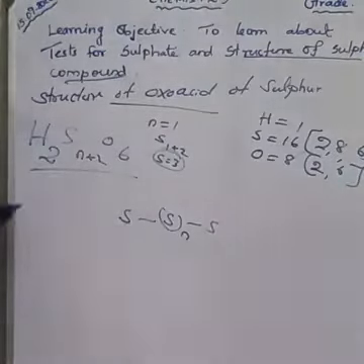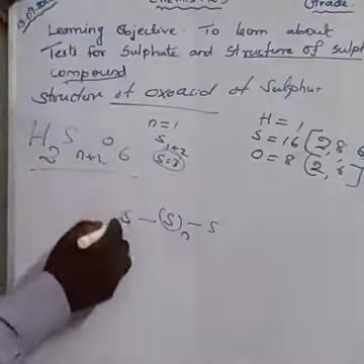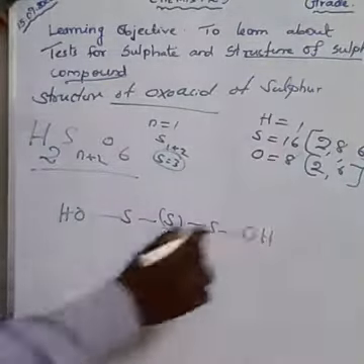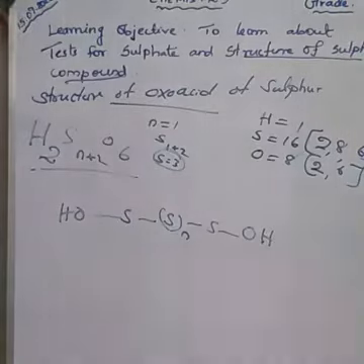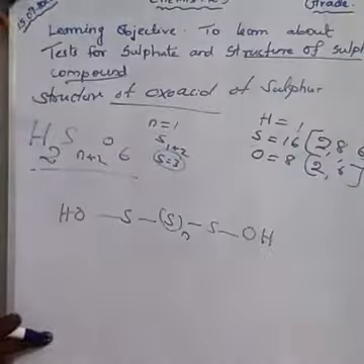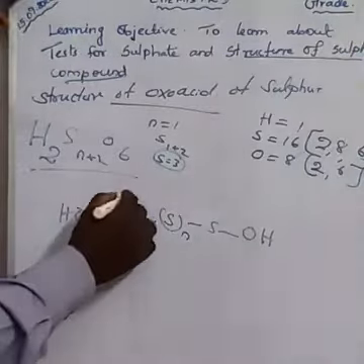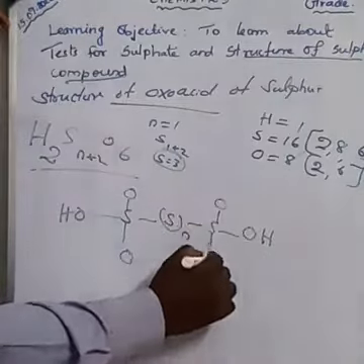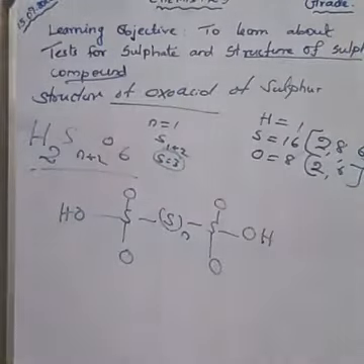Then how much hydrogen? 2 hydrogen. The oxygen, OH, OH. Then how much oxygen remaining? Out of 6, 2 over. What are the remaining? 4 more. That is 1, 2, 3, 4. So this is also over.